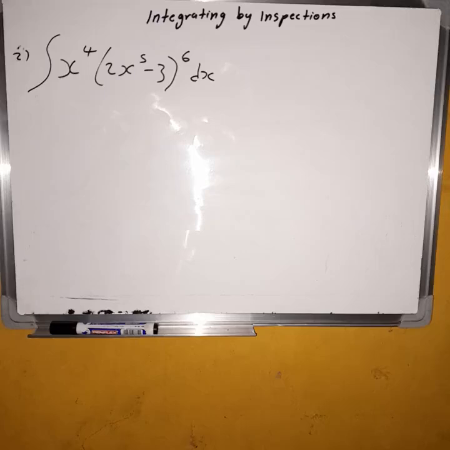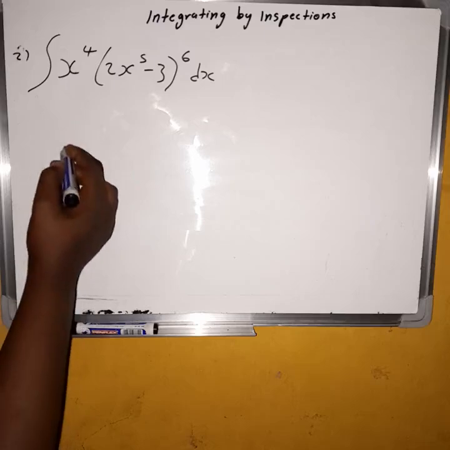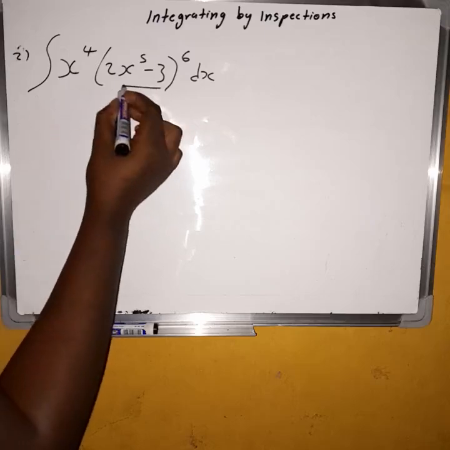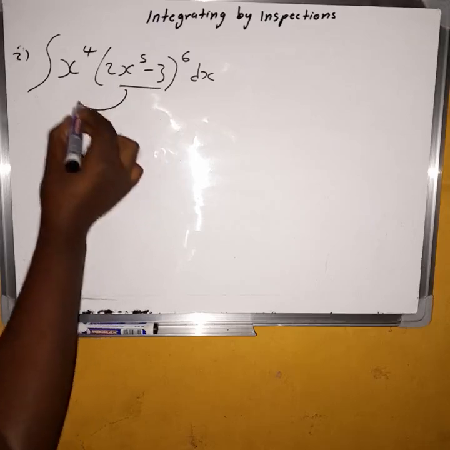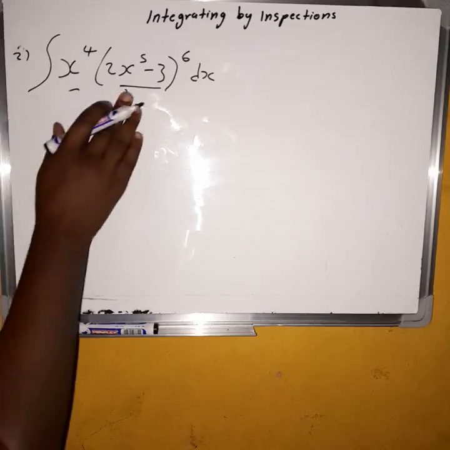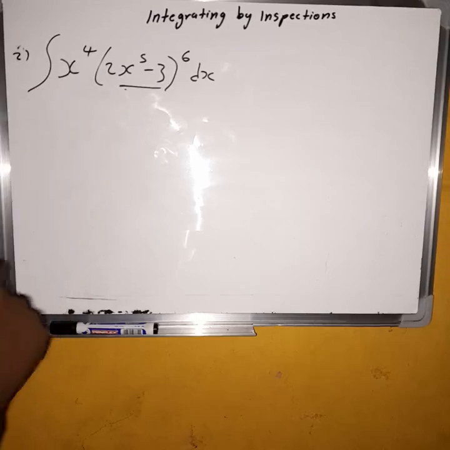Let us try applying the inspection. We know that if we differentiate this, it must give us what we multiply with. So let us apply the formula.